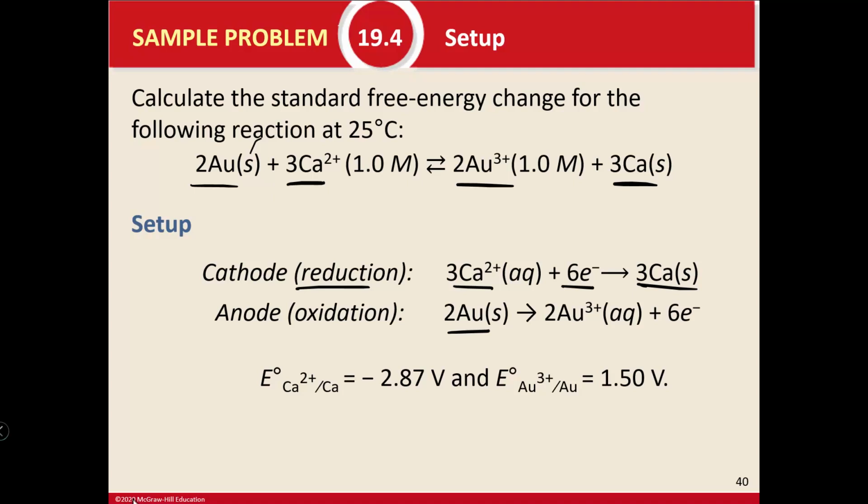So here we have 2 moles of silver becoming 2 moles of silver 3 positive ions, and we have the loss of 6 electrons. So we go to the table and we find that the standard reduction potential for calcium is negative 2.87, and the standard reduction potential for silver is 1.50 volts.